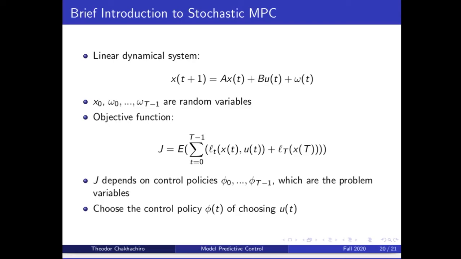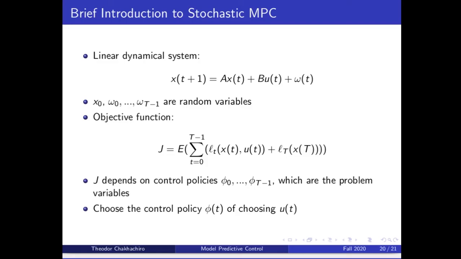Now x(0), which is our initial state, and all the disturbances are random variables, and we want to minimize this objective function, which is an expected value of the summation from 0 to our control horizon of a function that depends on x(t) and u(t), plus a new term, which is the same as we have previously seen in the Bellman equation. It's the cost of moving to the final step in our control horizon.